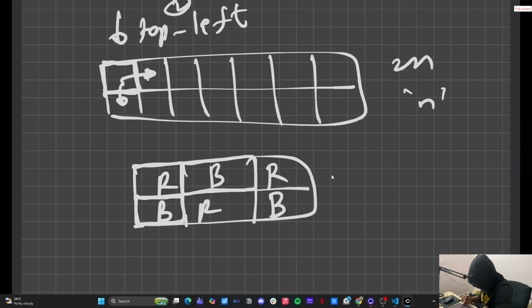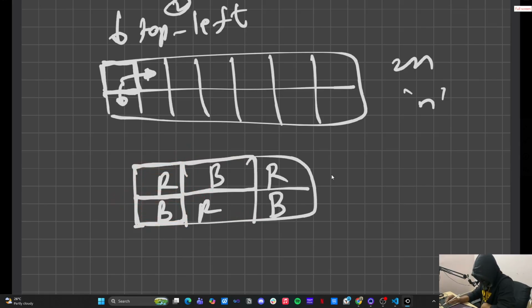I cannot make a pair with this one because it is not sharing a side, it is sharing a common vertex. It should share a side. This one and this one share a side here, and this one and this one share a side.